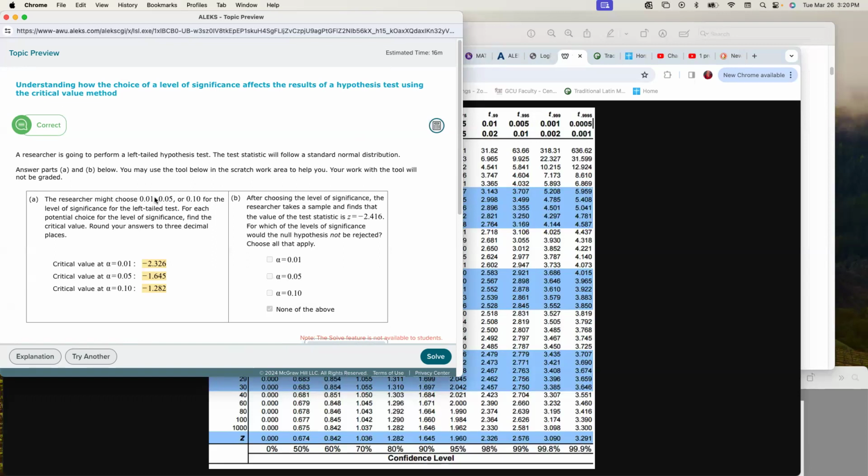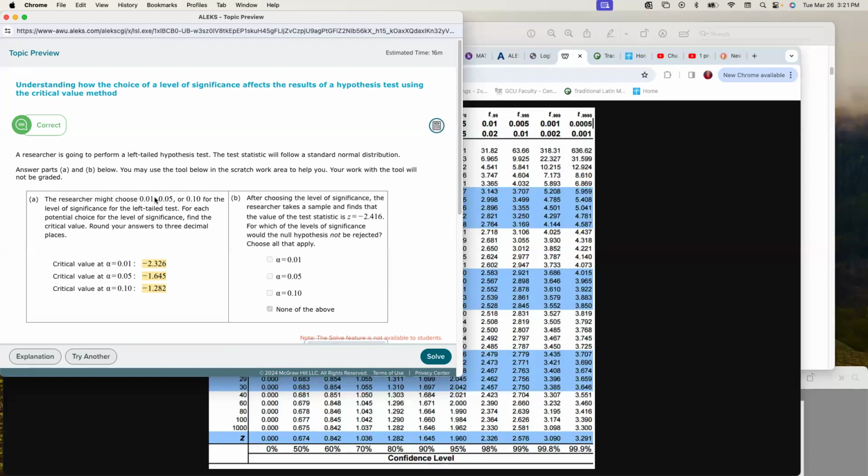Well, if we can lower that, you would all agree that another medication with a lower percentage of side effects would be great, right? And we might set up a null hypothesis of P equals 0.03. That's the old standard. And we're looking for an effect of P being less than 0.03.